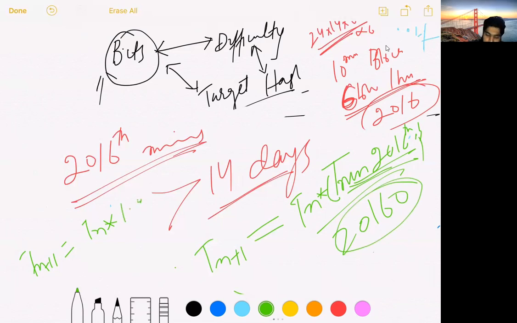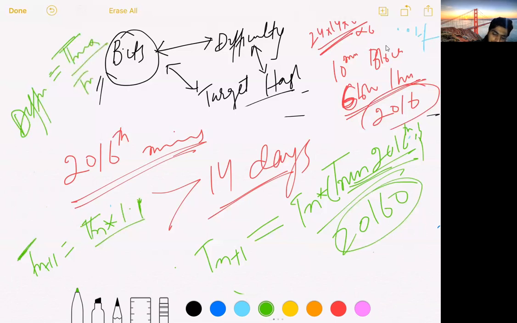Let us take, for example, 1.1. So the next target is going to be larger than the previous target hash. What is difficulty? Difficulty is T max divided by Tn plus 1.